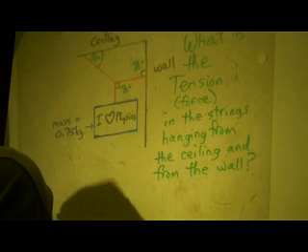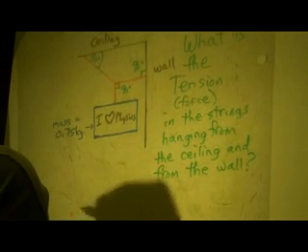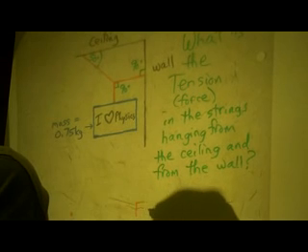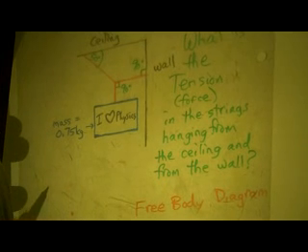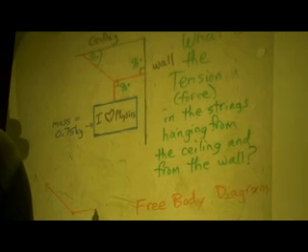So here are all the forces acting on all of those ropes. This is called a free body diagram. It's a diagram of all the forces acting here. I had one acting up this way, one acting this way, and one acting this way.